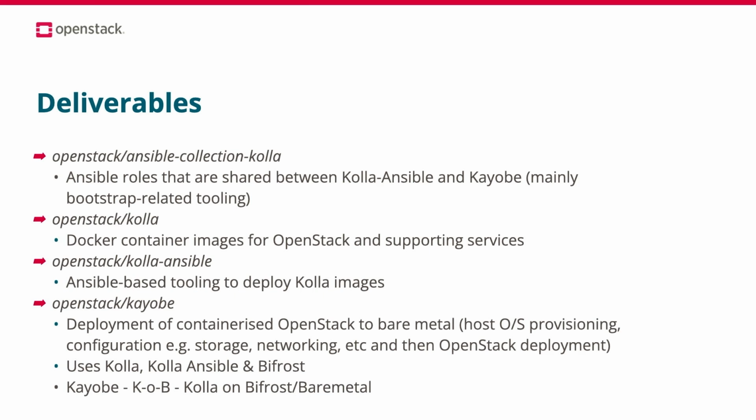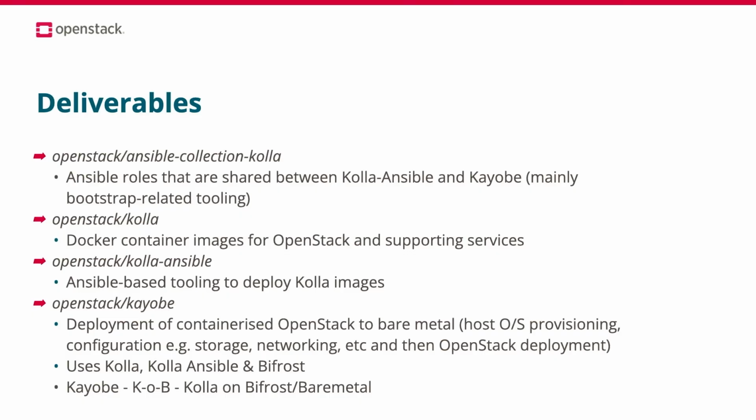In OpenStack, there's the Kolla repository, which produces Docker and Podman container images for OpenStack and supporting services like all infrastructure-related services, MariaDB, RabbitMQ, and a lot of others. And there's also KOB. It deploys containerized OpenStack using Kolla Ansible to bare metal.